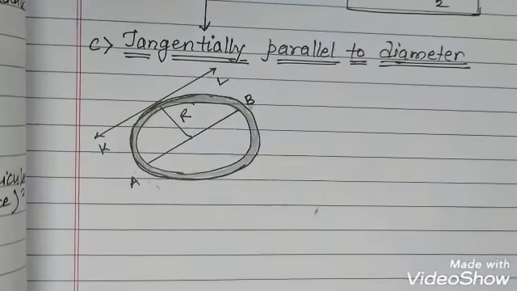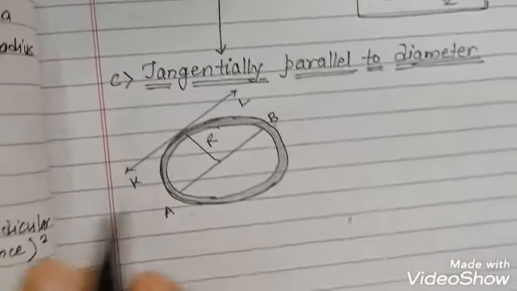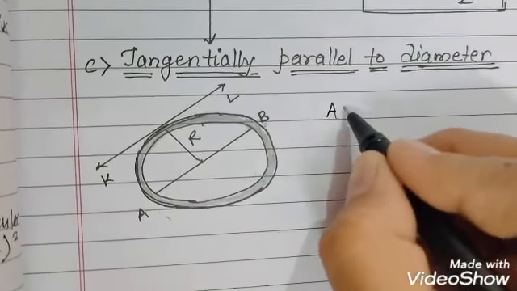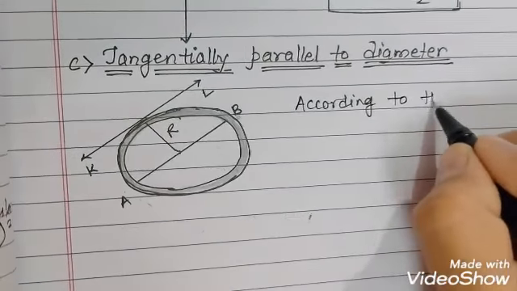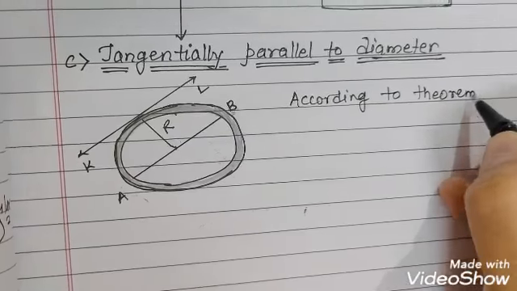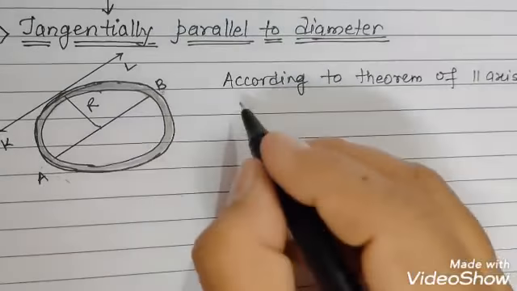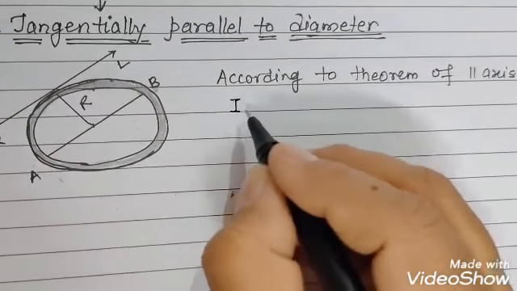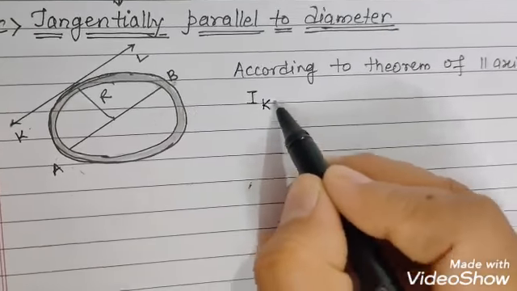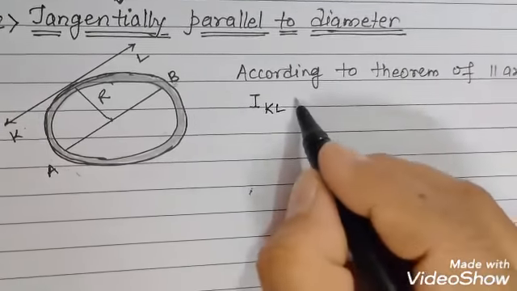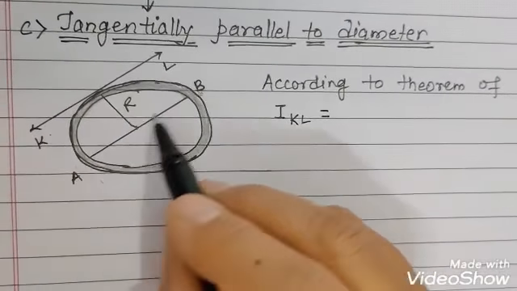So for this we can apply the theorem of parallel axis, and we know that according to the theorem of parallel axis, the moment of inertia about any axis, that means IKL, this axis I am taking, is equal to the moment of inertia passing through the center.